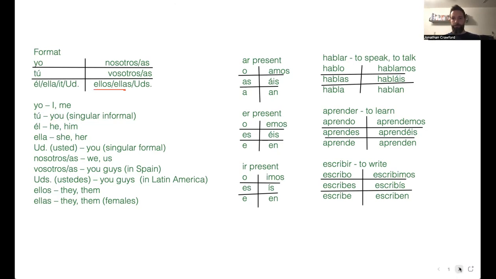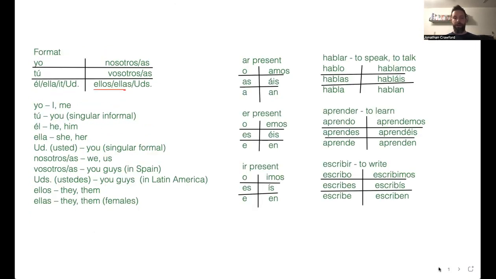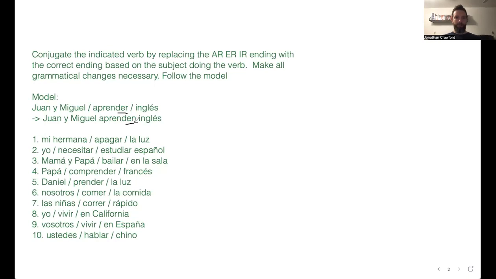So what was the verb? Aprender. They learn English. Inglés. Ellos aprenden inglés. So aprender is an ER verb, so we're going to be using these ones, and it's EN at the end. And so we get aprenden.